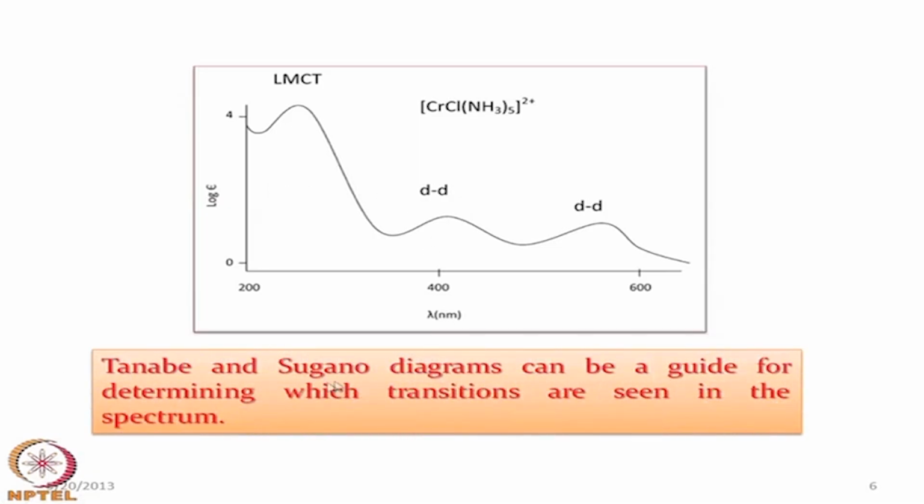Those transitions are governed by a special type of diagram proposed by these two persons, Tanabe and Sugano, and that is why they are known as Tanabe-Sugano diagrams. These diagrams can be utilized to determine the transitions we see in the spectrum.